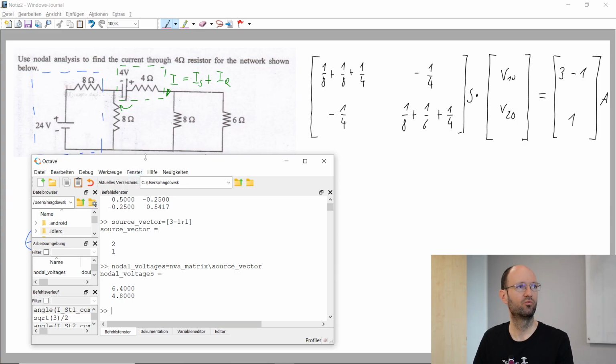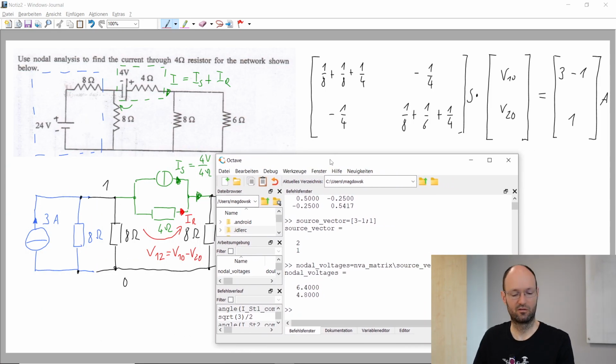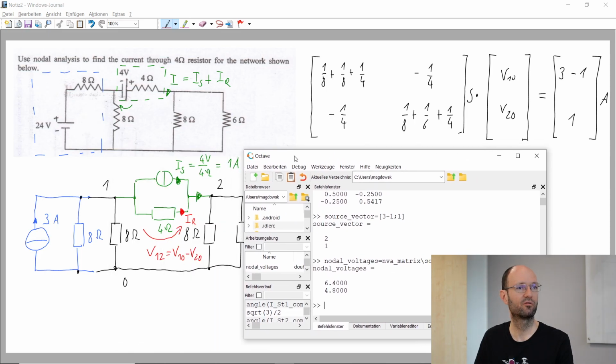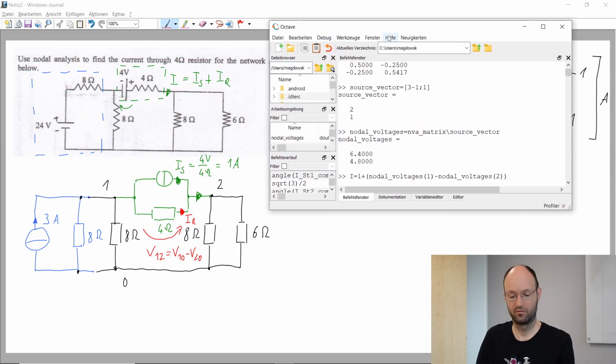And so now if we try to use the equation on the top, the source current is 1 ampere plus the current through the resistor, and the current through the resistor is from the nodal voltages the first one minus the second one, but this of course in parentheses, and this divided by the 4.